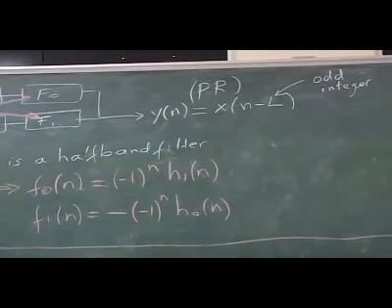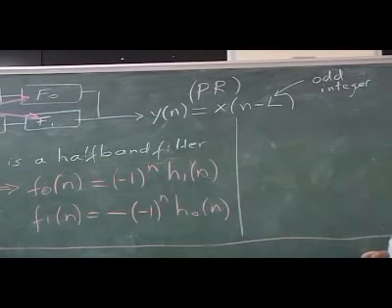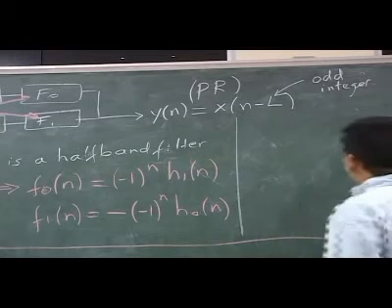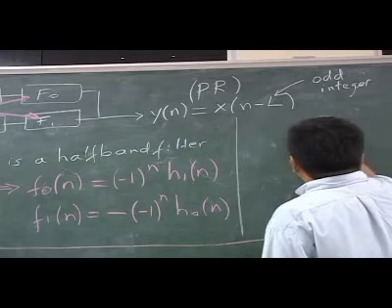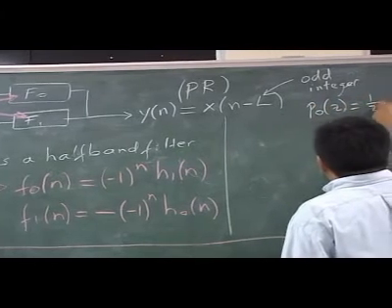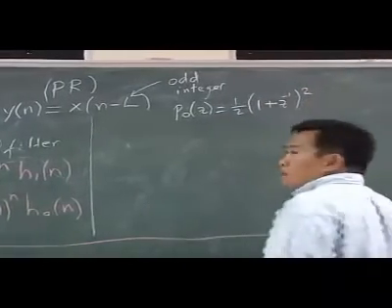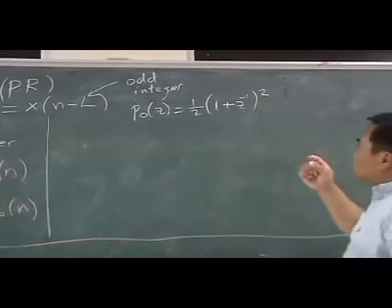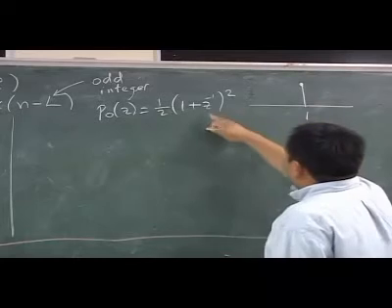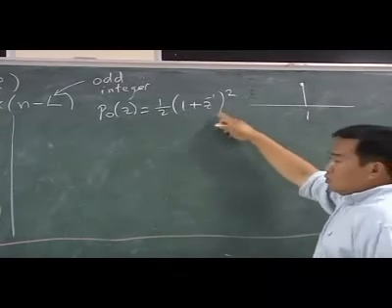Yesterday we had one example of a half-band filter P0. The easiest one we had is P0 equals 1/2 times (1 plus z inverse) squared. In the time domain, this is 1 plus 2 z inverse plus z inverse to the minus 2.